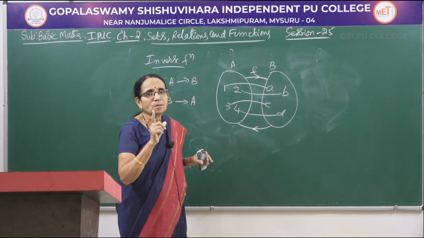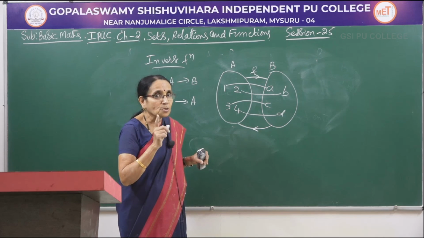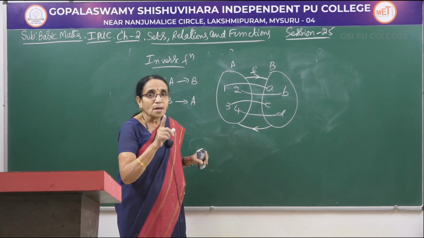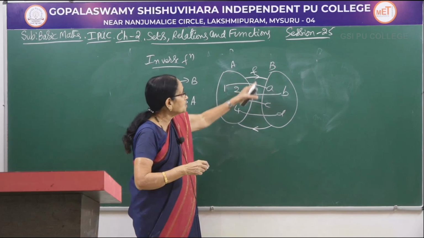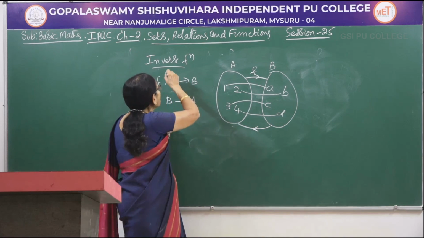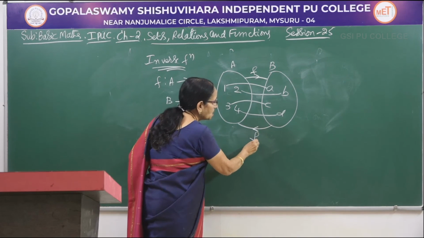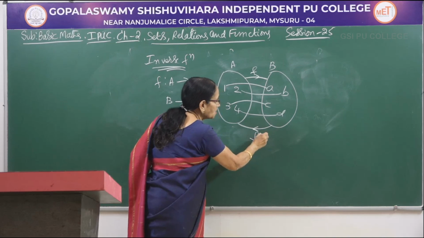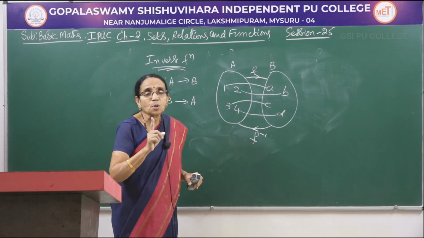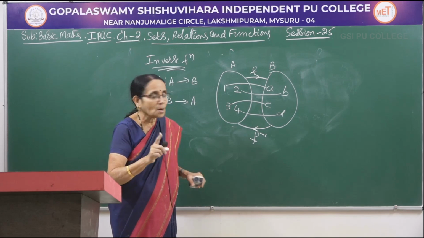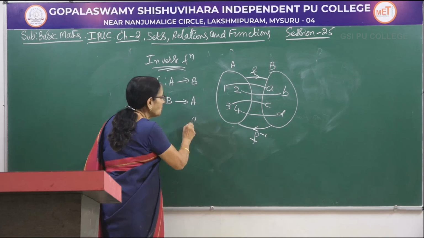So, if the function is a bijective one, that is, both one-one and onto, then and only then the inverse of a function can be defined. The inverse of a function can be defined, and we denote it as f inverse. Don't read it as f to the power minus 1. We read it as f inverse.